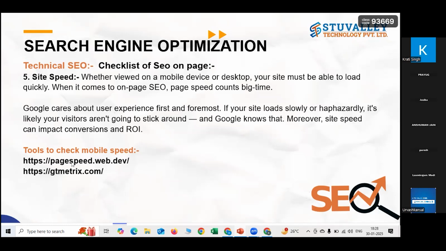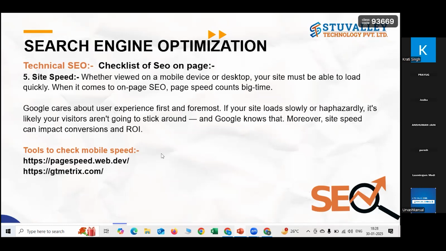There are two very good tools to check your website speed. One is PageSpeed Insights, and the second one is GTmetrix. In GTmetrix you can check some other aspects also, and in PageSpeed Insights you can also check multiple other aspects.